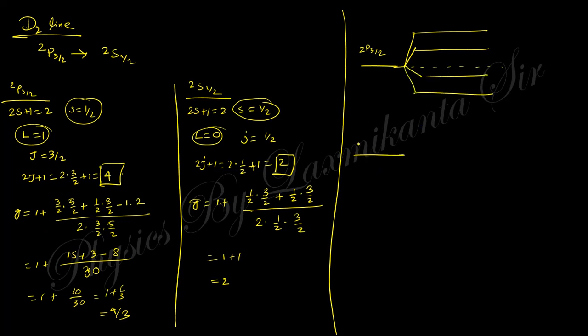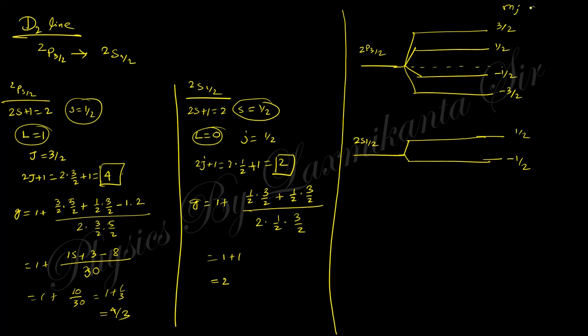And the other, 2s half, is split into 2 components. So what is the value of mj? mj is minus j to plus j, that is minus 3 by 2, minus half, plus half, plus 3 by 2. Similarly, for j equals half, it is minus half and plus half.